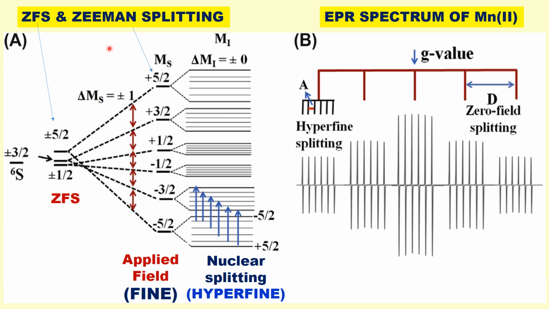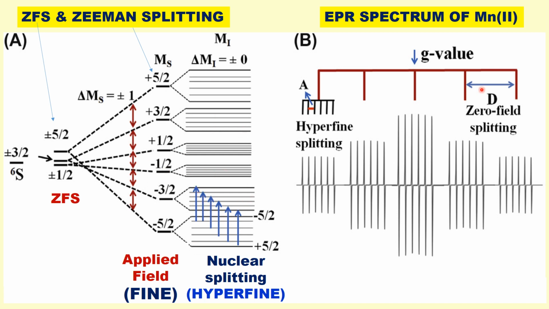Here we see the zero field splitting diagram, Zeeman splitting and nuclear splitting diagrams of manganese 2+. The diagram of manganese 2+ ion splitting due to zero field splitting, Zeeman splitting and nuclear splitting is shown in the figure.